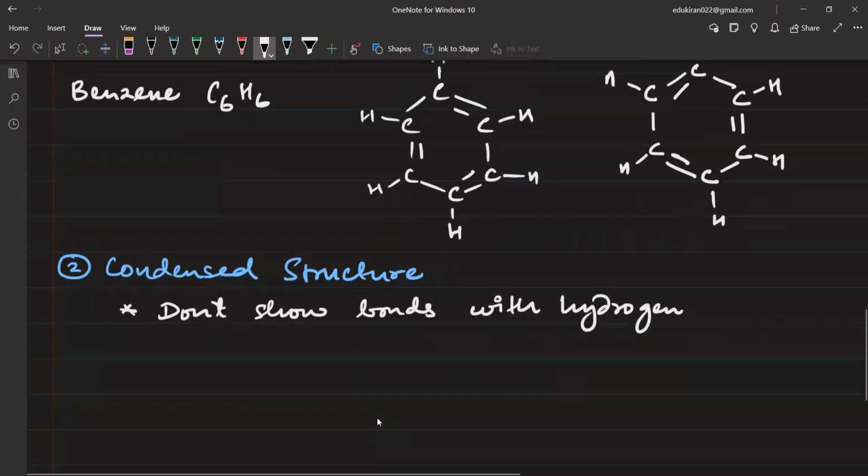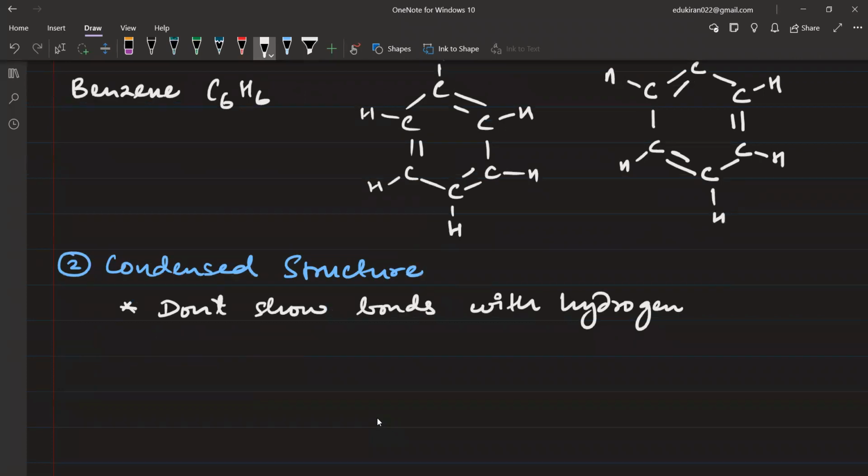You are not going to show the bonds with hydrogen. We are going to show all the atoms. तो देखिए एक चीज यहाँ पे कम हो गया, right? We are not showing the bonds with hydrogen atoms. One thing is for sure: show all atoms.